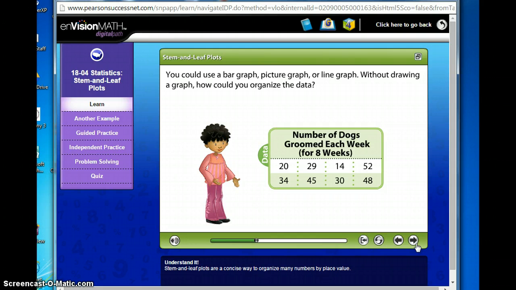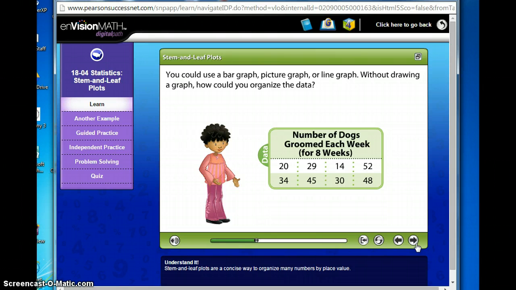We said picture graphs are good to use whenever everything being compared can use the same picture, just like the rubber ducky example from your book. So a picture graph would be okay for this because you could use dogs as your picture for everything. You could do a bar graph too. You could use any of these graphs really.